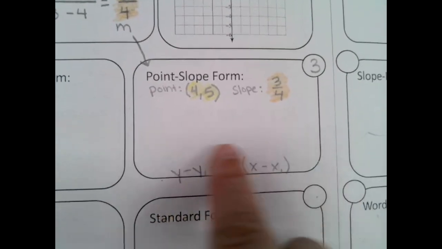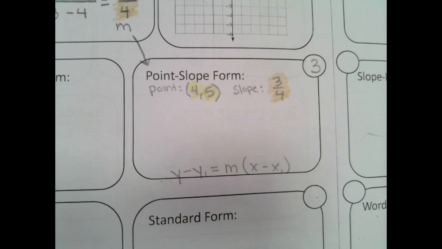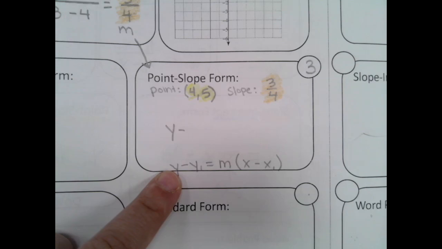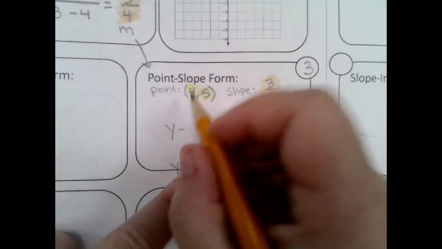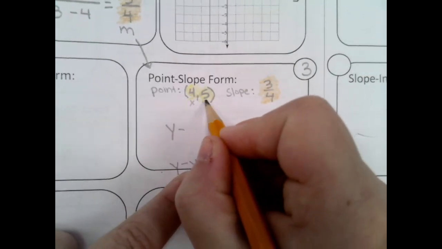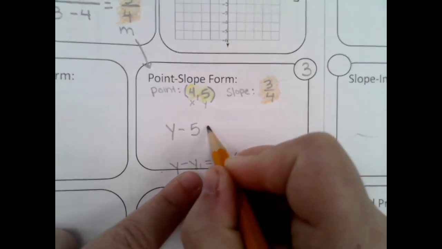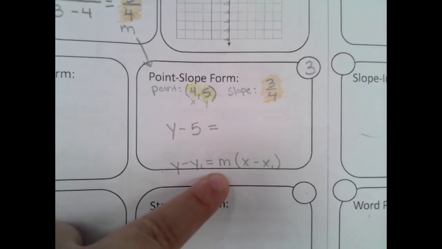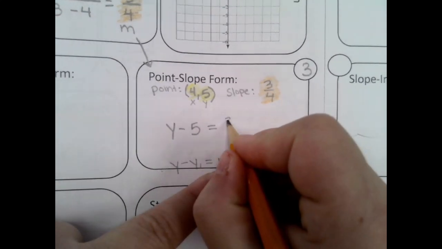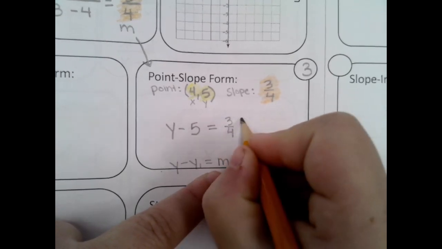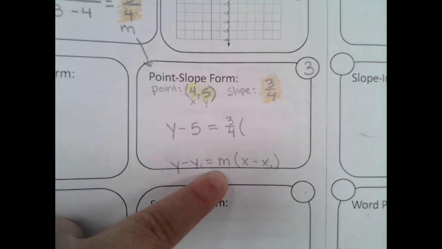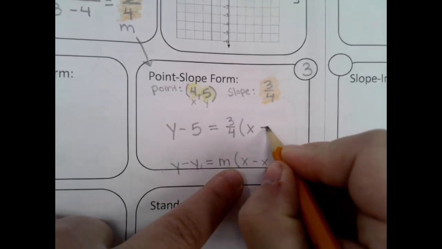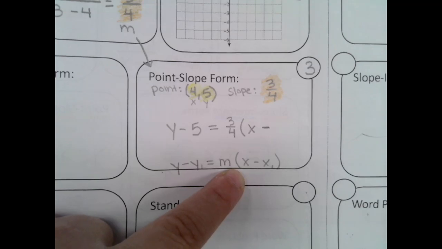So y minus, what's the y from my point? 5, because it goes x, y. So y minus 5 equals, what's my m? 3 over 4, parenthesis. We keep this first x, so x minus, what's my x from the point? 4.